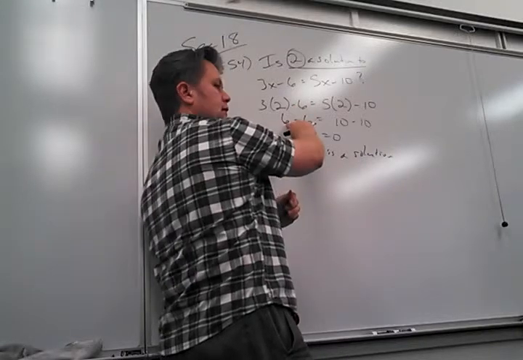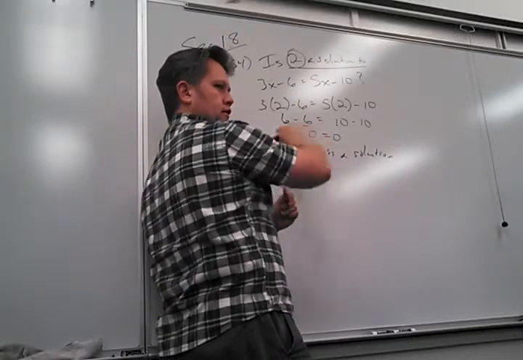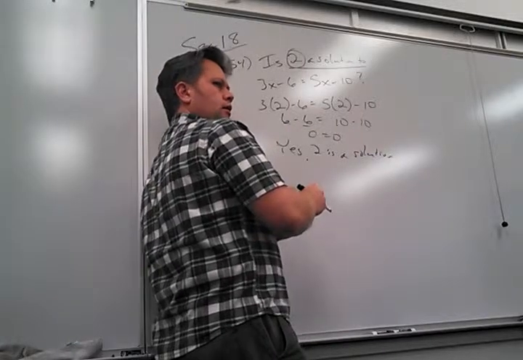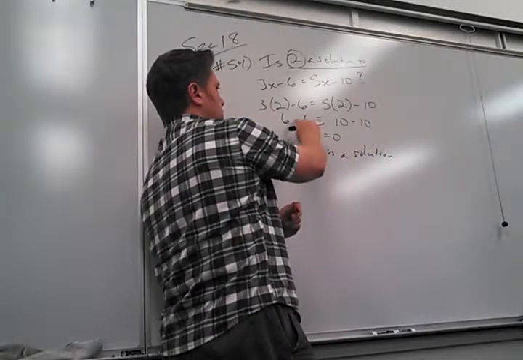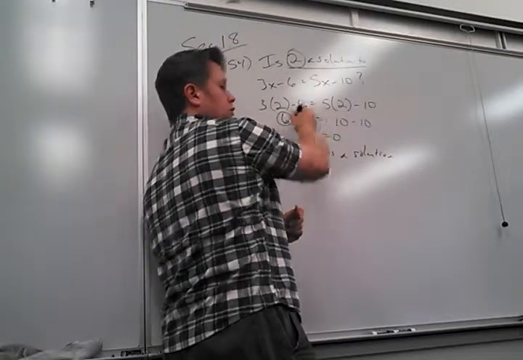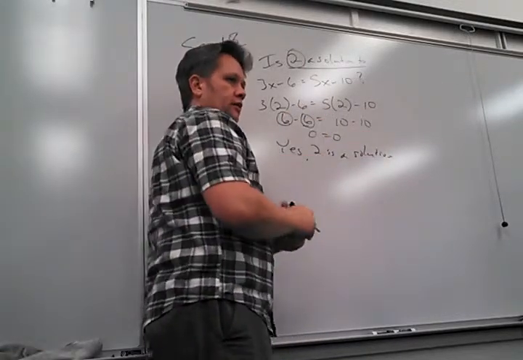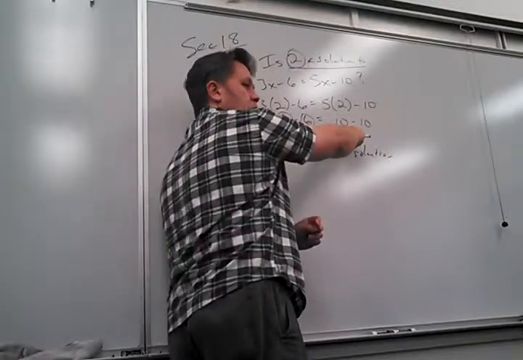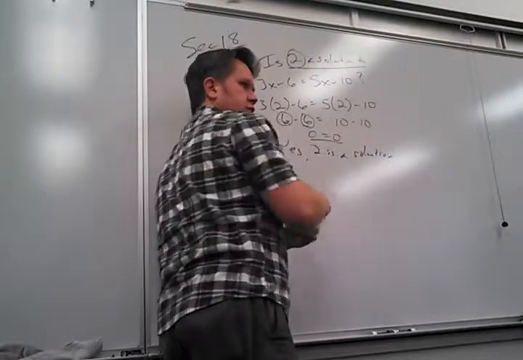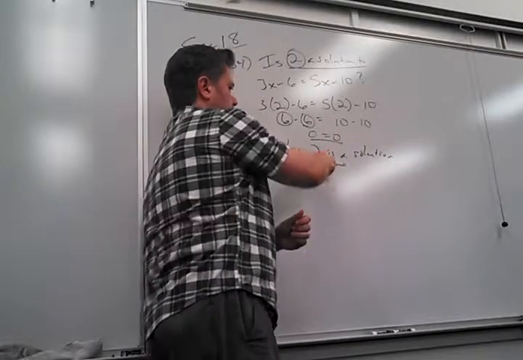If you had 6 of something and you take 6 away, you got nothing left. If you had $6 and I took $6 away from you, how much money you got left? 0. And if you had $10 and I took $10 away from you? 0. Good. And 0 does equal 0, right? So that is a solution.